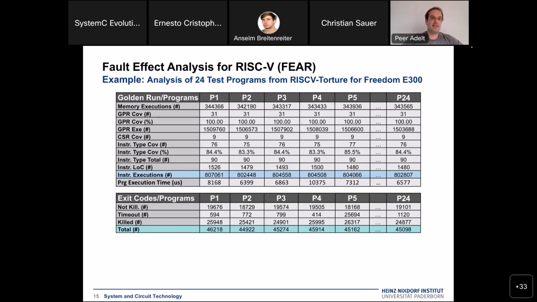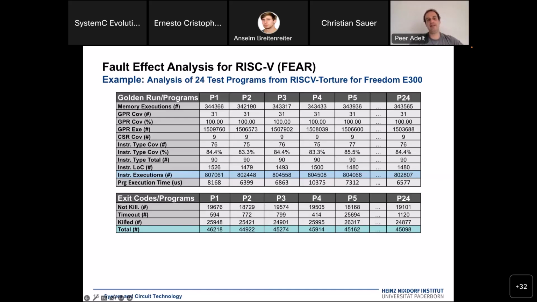So in those two tables, you see the 24 test programs and how they behaved in the golden run phase and also in the mutation test phase. What's interesting here is especially the total amount of instruction executions in the golden case, which is the bluely highlighted line. And also for each and every program, we get a specific exit code.